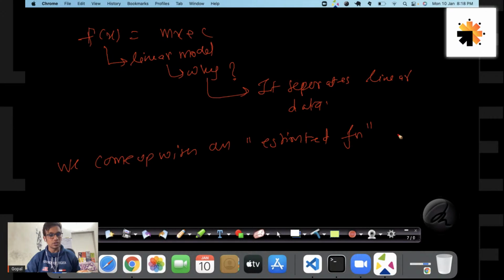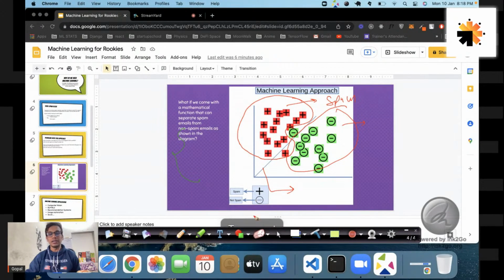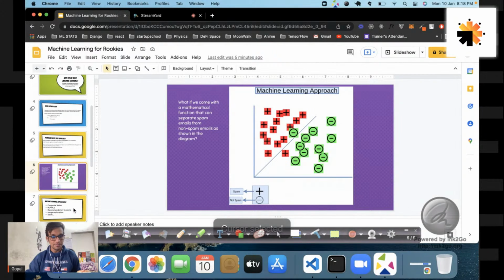Here, this f is a function, which we also call an ML model, a model in machine learning. So I just gave you an intuition about what machine learning and the model are all about. Coming back to it.